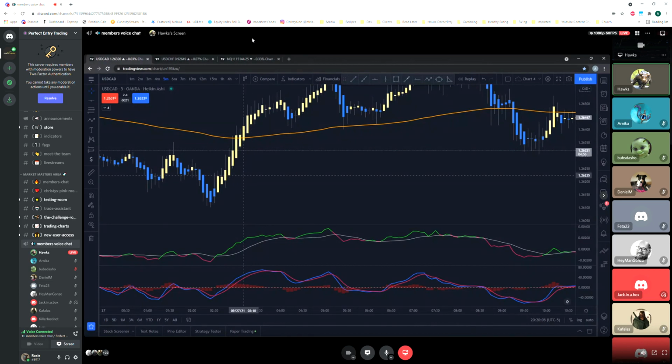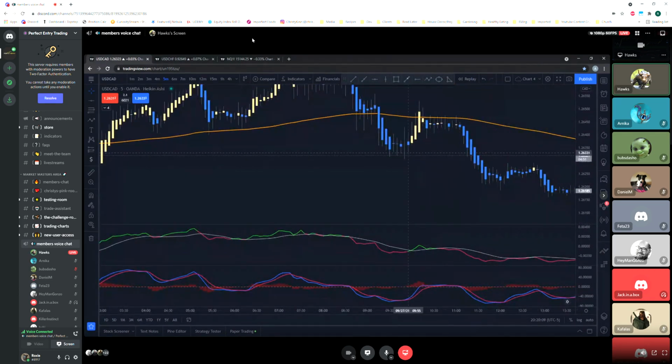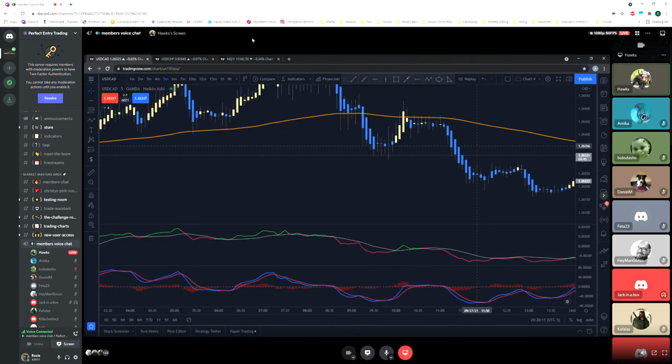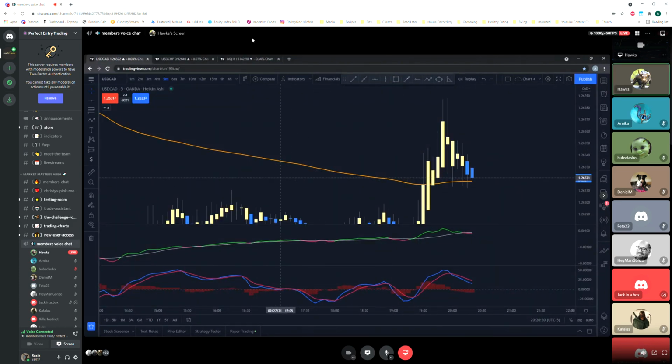The other difference is that Heikin-Ashi candles give you the average price. For instance, this is a live chart right here, and we're right into the Asian session. If you are using Heikin-Ashi, you see that dotted line right here.